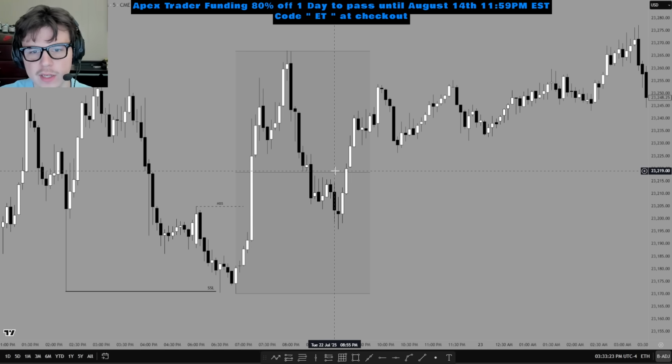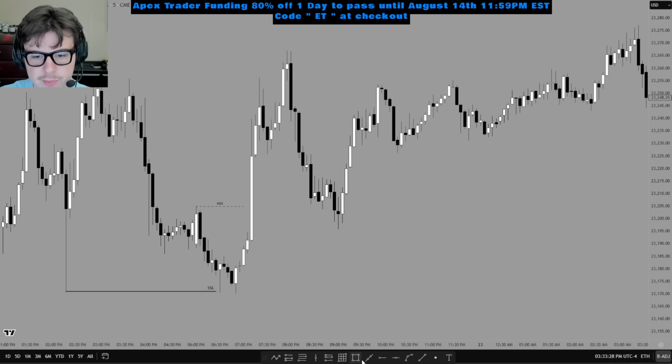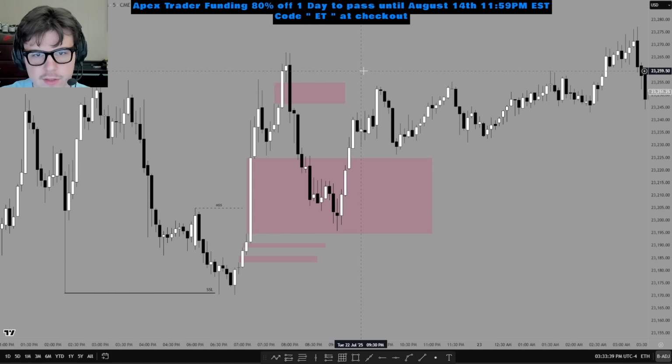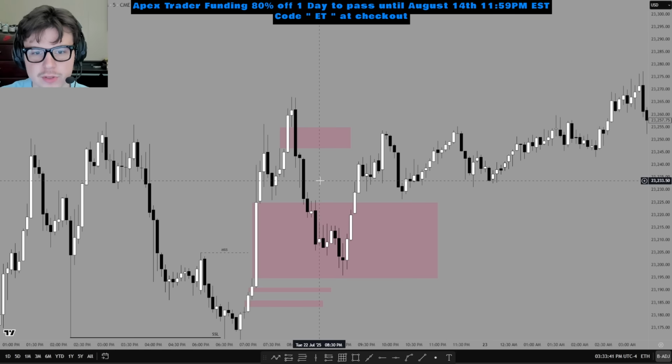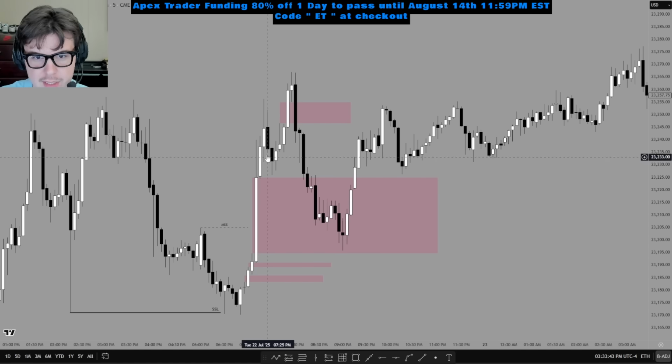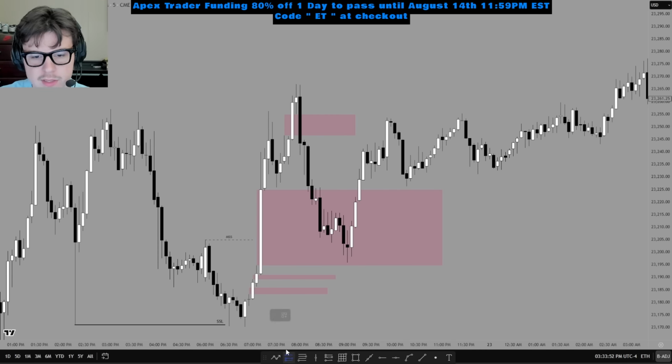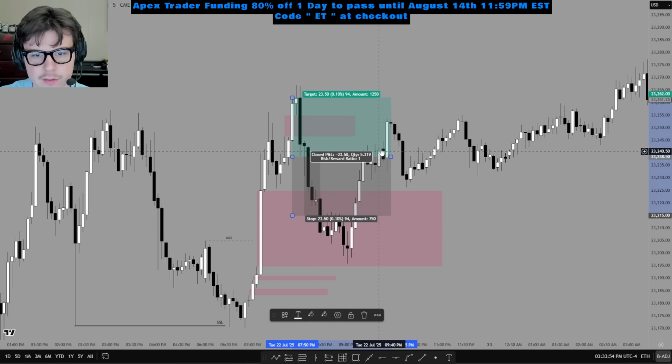So in this example, this is the perfect example right here, right? So all of these PD arrays I had marked out right here, there were like 4 of them. Most traders, if they're chasing price and they're emotional, will 100% see this higher time frame break of structure or just big move up, and they'll place a limit order right here.